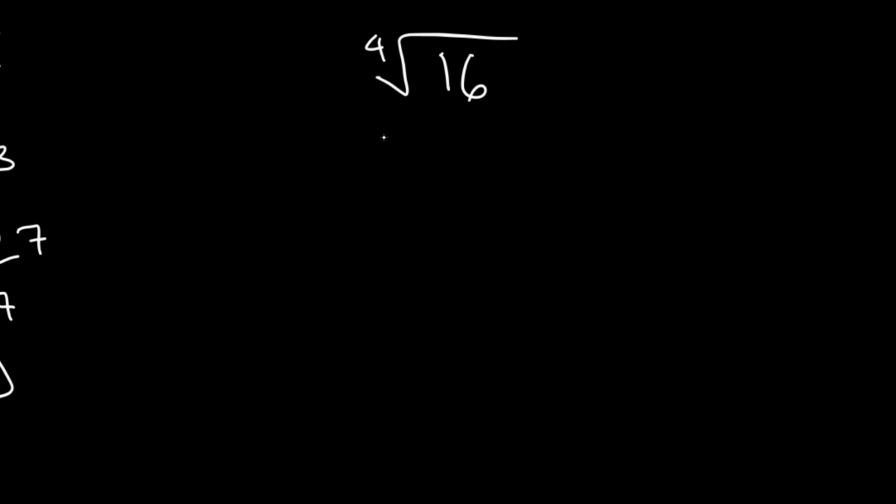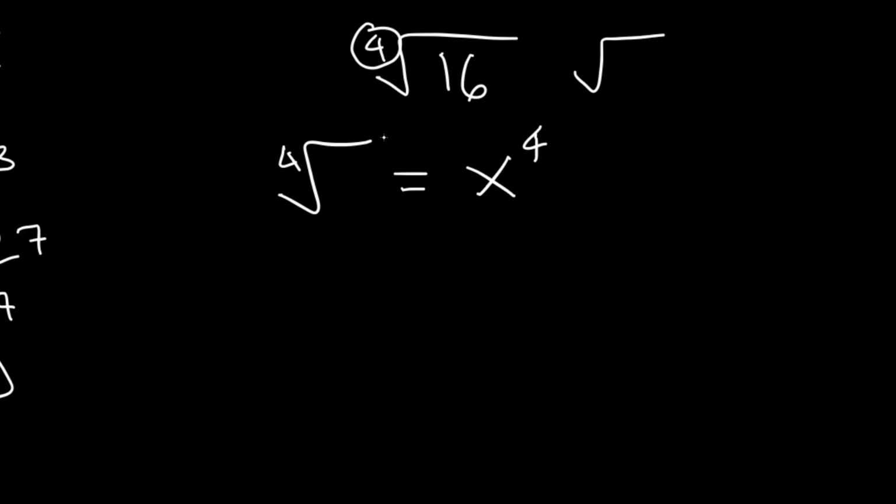Okay, so now we have a quartic root, and we don't really need to call it a quartic. We just remember that this is an index. This is what this number is called, and we're just putting that to the fourth, whatever number to the fourth, or a number multiplied 4 times. Now, don't get this confused with a square root, because 16 is also a square root of 4.